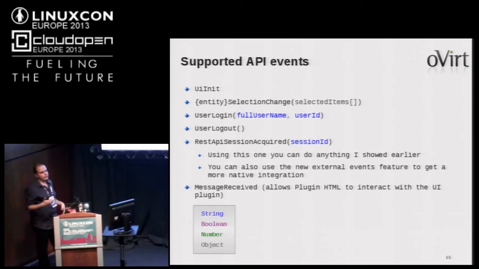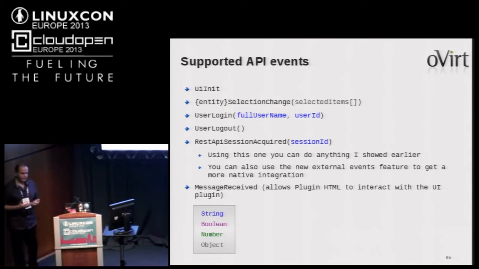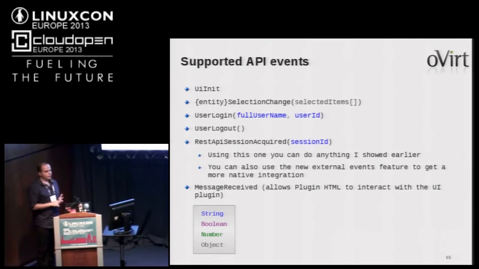In the UI plugin, you can point to a specific URL, but the fact that you're doing a UI plugin with the engine means that you want to affect the engine functionality. So the UI plugin infrastructure creates a REST API session for you, and it gives it to you. And then you can use it in order to manipulate specific things in the engine.